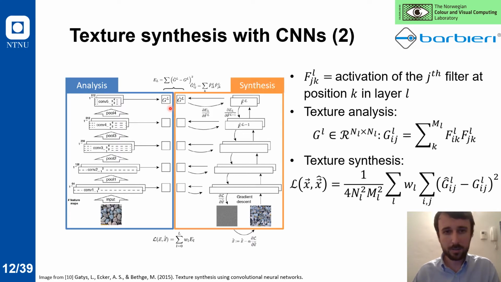On the right, on the other hand, there's a synthesis step, which iteratively applies forward and back propagation to optimize the input random noise image and make its Gram matrices match the input image matrices.